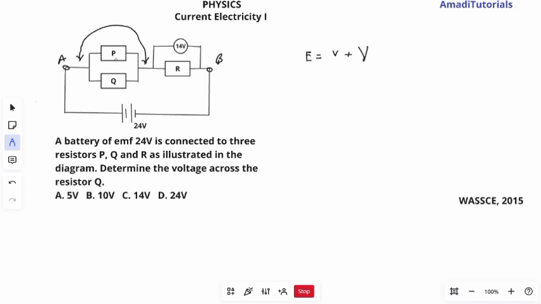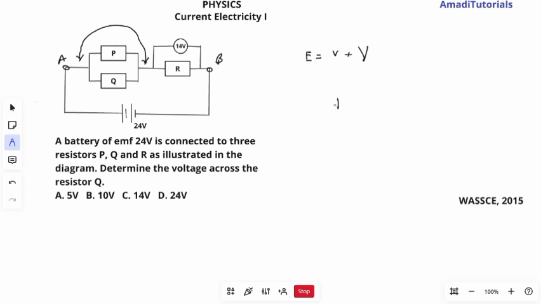And since resistors P and Q are in parallel, the voltage across them will be the same. So they will take their own voltage, and whatever remains will be taken by the remaining resistor. So what I'm trying to say is from EMF, a voltage source, there is always a voltage drop across resistances.